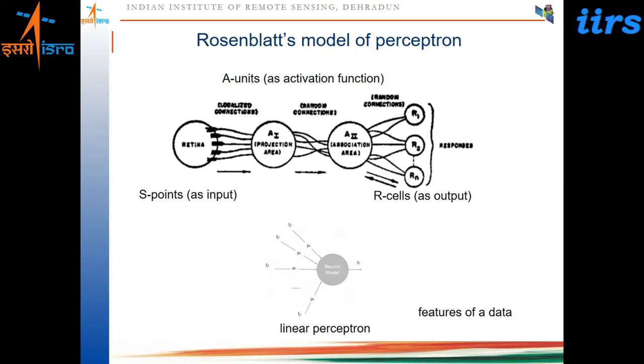In the computational neural network, a similar thing happens. You have the input data set with predefined weights, and you combine them together to get an output, and that output is always compared with a threshold.